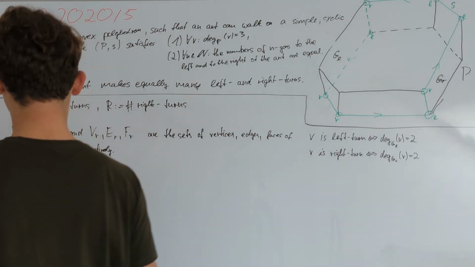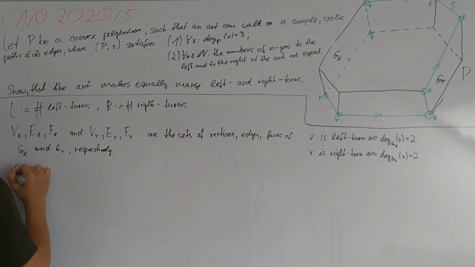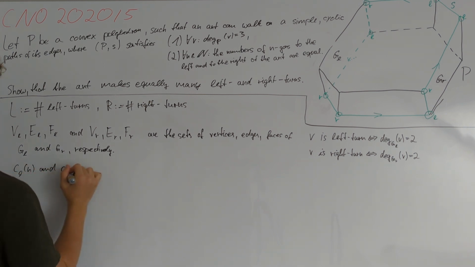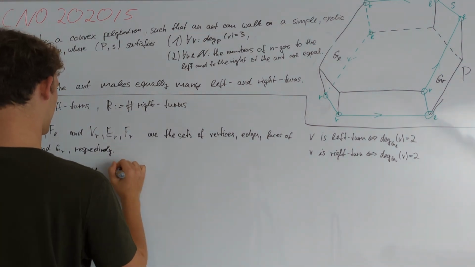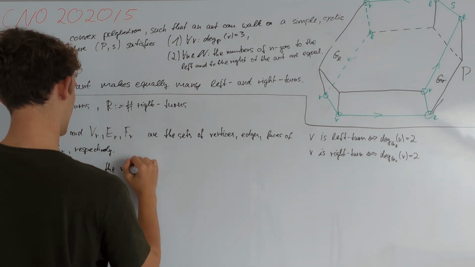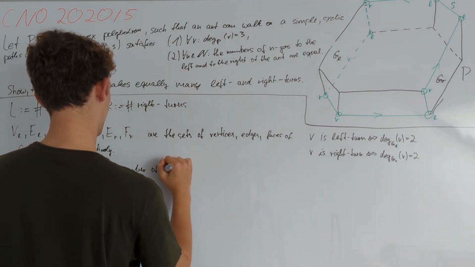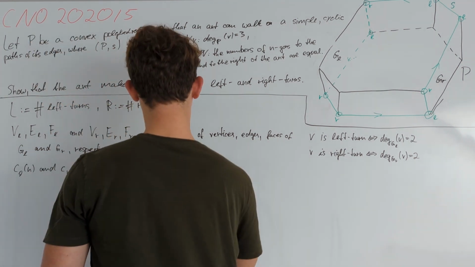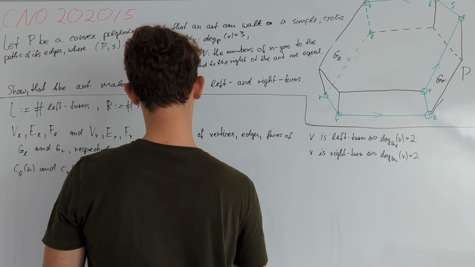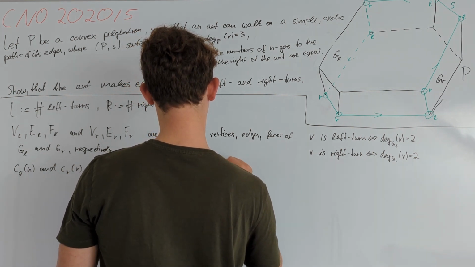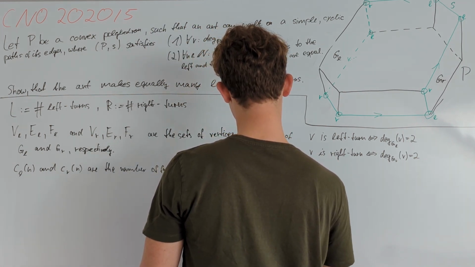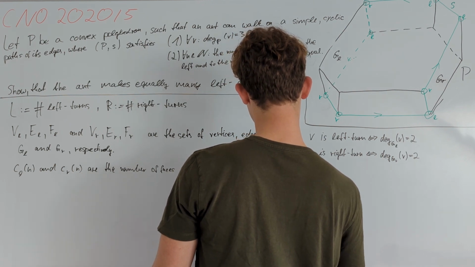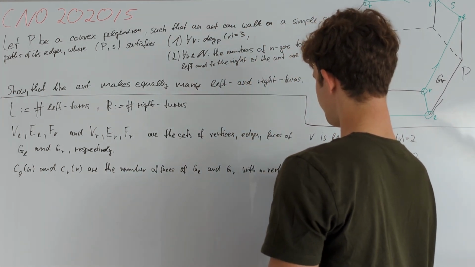Okay, so to do that, we introduce the functions CL of n and CR of n, which are the number of faces of GL and GR with n vertices respectively.